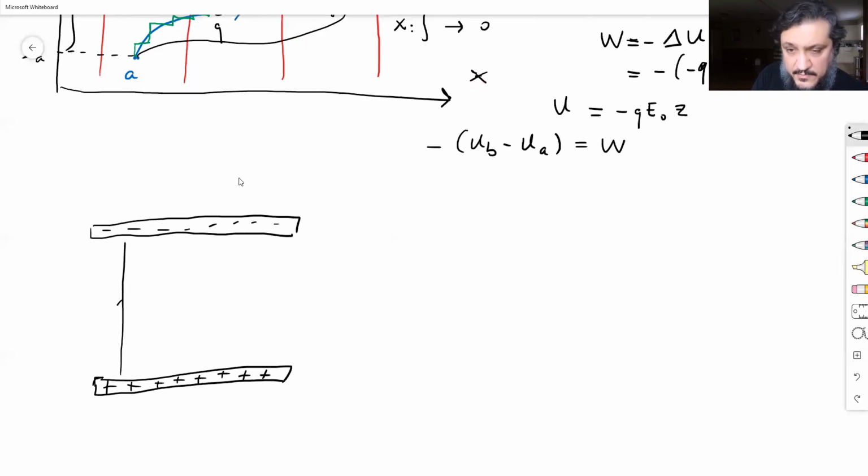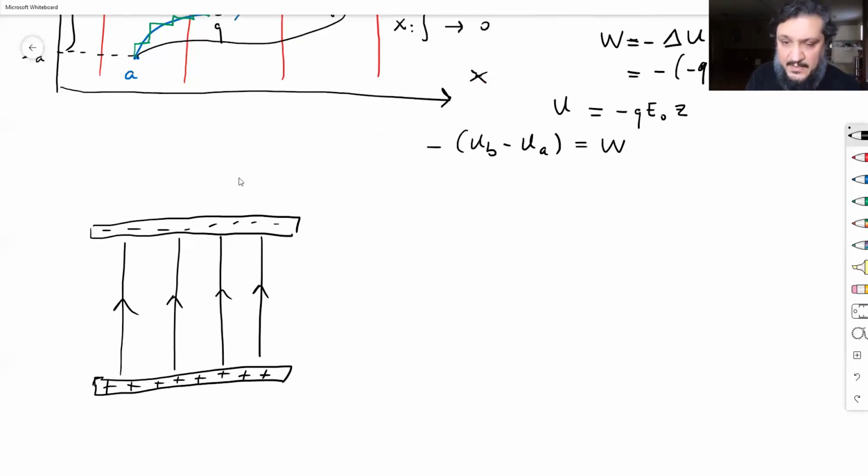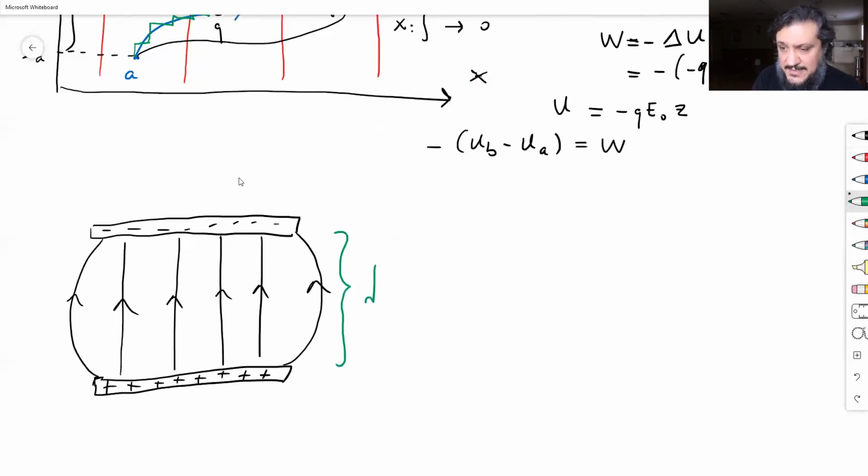Therefore, you have this uniform electric field between the two charged plates, at least in the center. Over there, they start curving up like this. But we remain in the middle, so the field lines are pretty much uniform. Since the path does not really matter, let's just move in a vertical way. If the separation between the two plates is, let's say, D, we're going to move from here all the way up to the other plate.